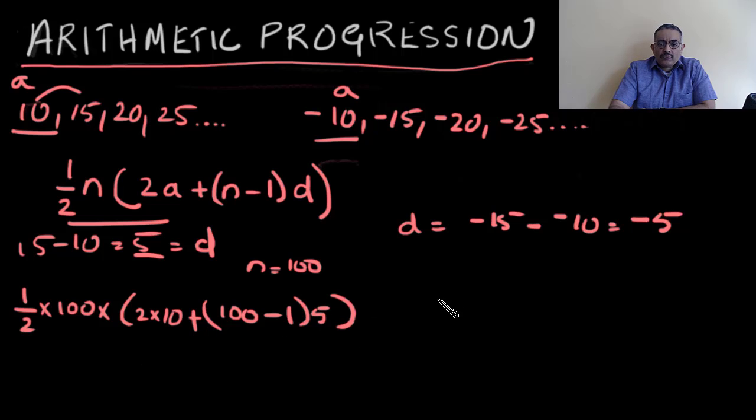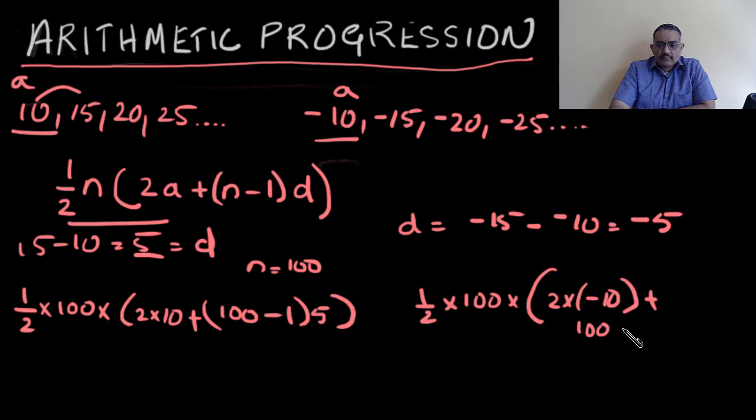For the second progression, we get half times 100, which is n, times (2 times minus 10 plus (100 minus 1) times minus 5). That's how you essentially calculate.